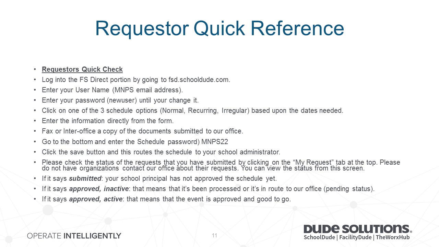The yellow, it says approved inactive. The first approved is letting me know that the school principal or school administrator has approved it, so now it's in our work queue to get it processed. It's still inactive because we're verifying the insurance. We're making sure they are a nonprofit, et cetera. And then once I have verified and gotten all of that, and then there is, I forgot to mention, the pending.